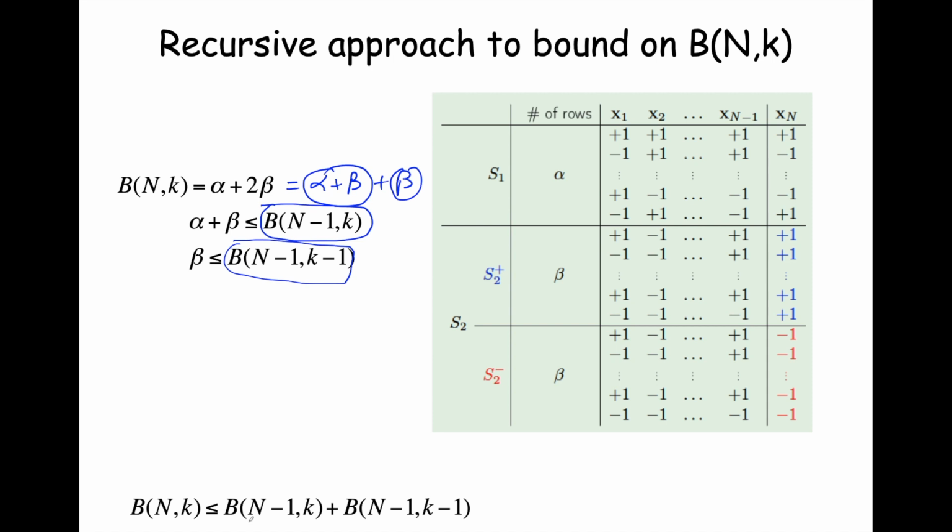So we reduce the data set size, and then for that reduced data set size we additionally reduce the breakpoint. We put those two together, and that gives us our full max count of dichotomies for a data set of size n with a breakpoint of k.